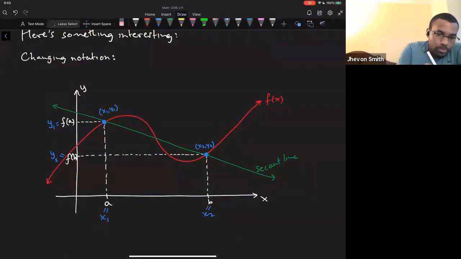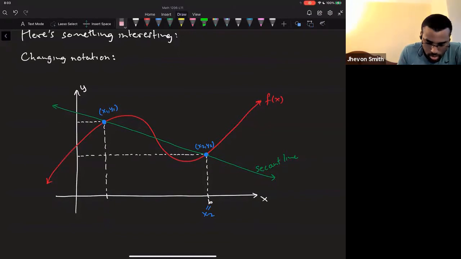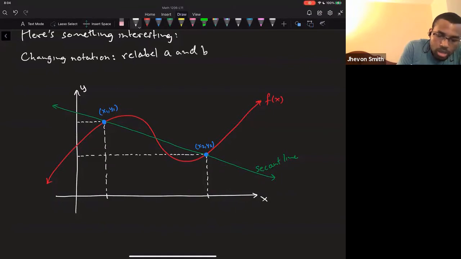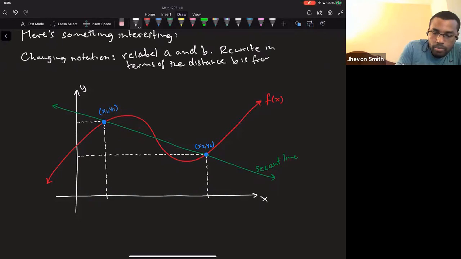So what I'm going to do is I'm going to relabel A and B. And I'm going to rewrite them in terms of the distance B is from A.